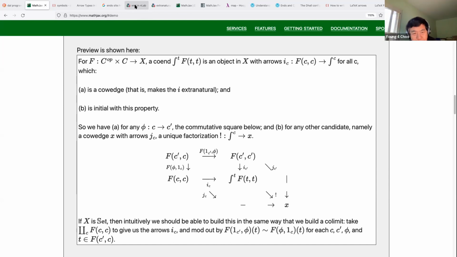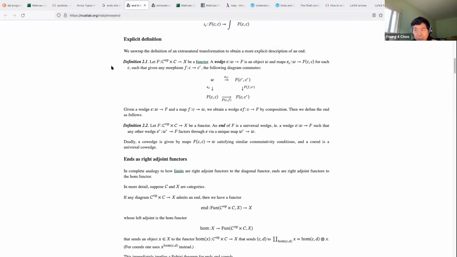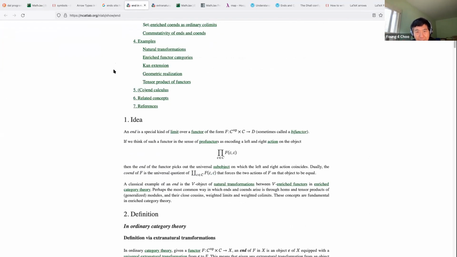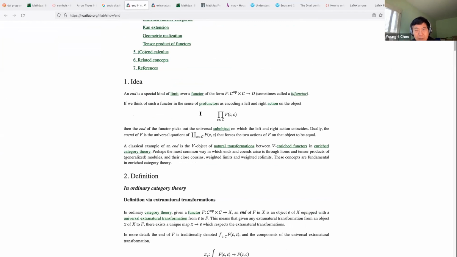But what finally helped my intuition is to think of an end as an infinite product, and then a sub-object of that infinite product. The co-end then is an infinite sum, but again, as Hugh said, to mod it out in a suitable way.